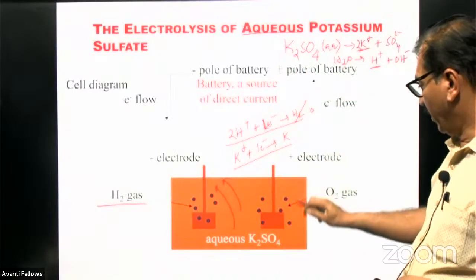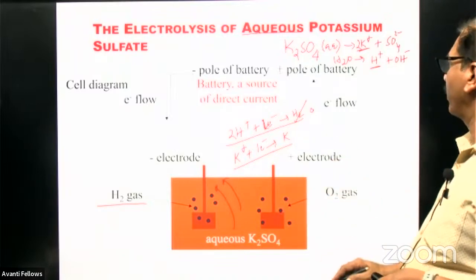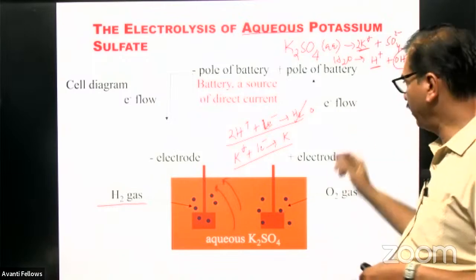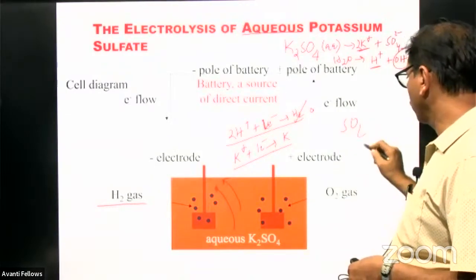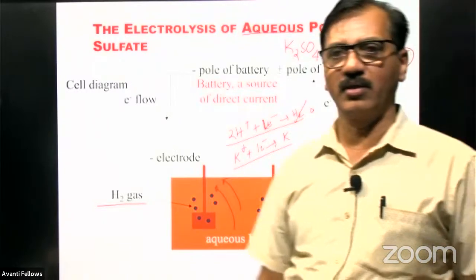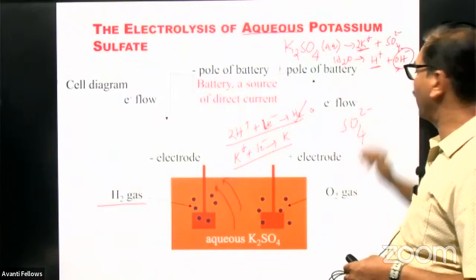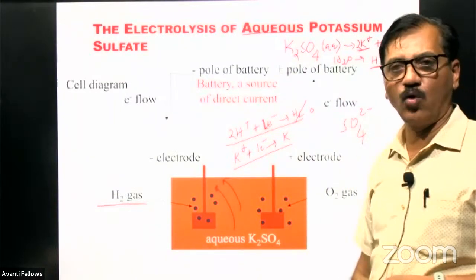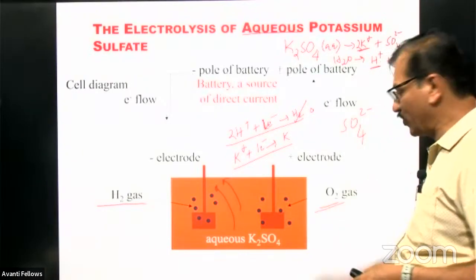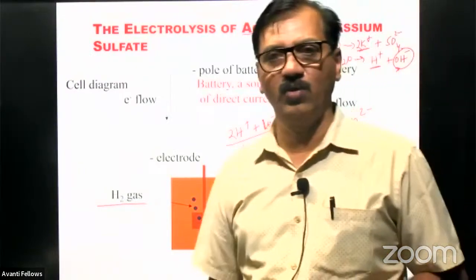Now, in the case of the anode, oxidation should take place. One option is OH minus ion and another is sulfate ion. Sulfate ion nearly won't get oxidized, so the only option is OH minus ion. When OH minus ion undergoes oxidation, oxygen gas is formed.